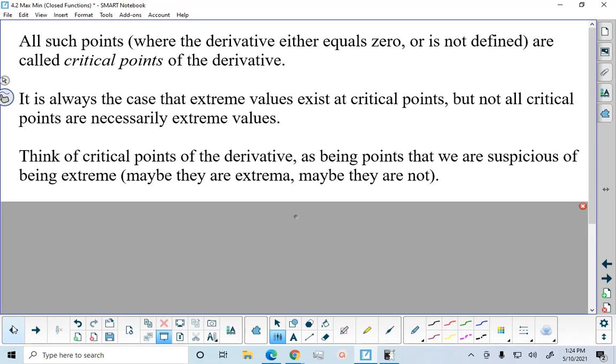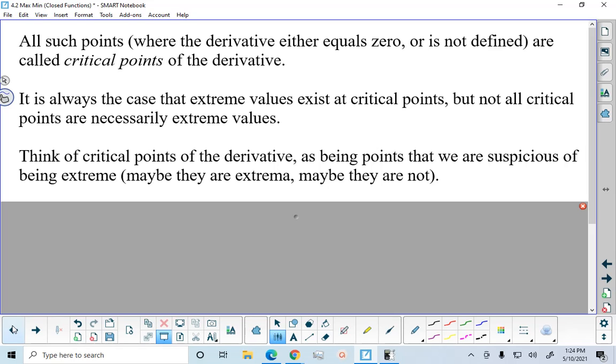That's very, very tricky. What I'm telling you is all max and min have to be critical values of the first derivative, but not all critical values of the derivative are max and min. And there's a very simple analogy I can give you here: all chickens are birds, but not all birds are chickens.